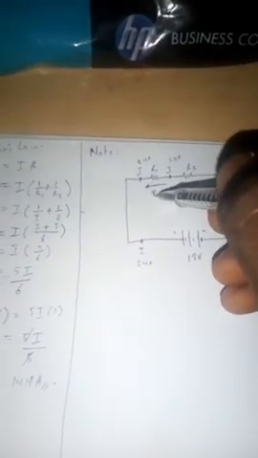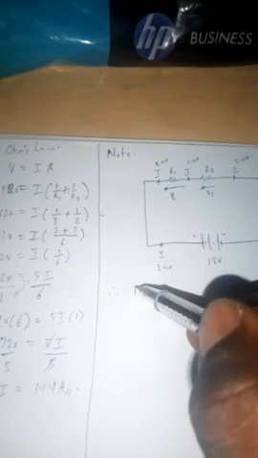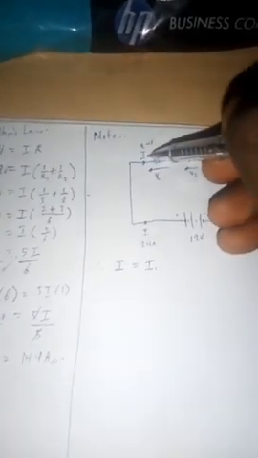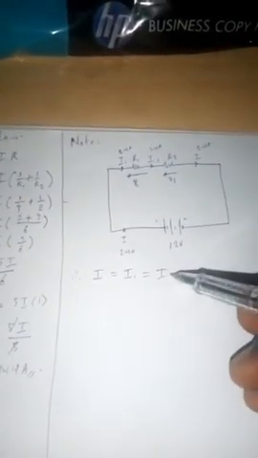This will be V1 and this will be V2. Therefore, we say the total current is equal to the current in the first device, which is the same as the current in the second device.